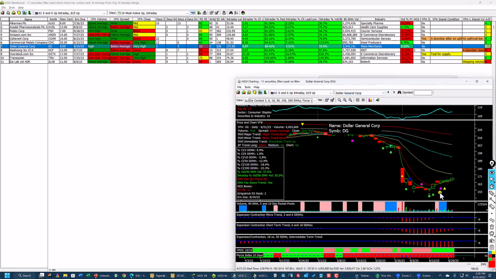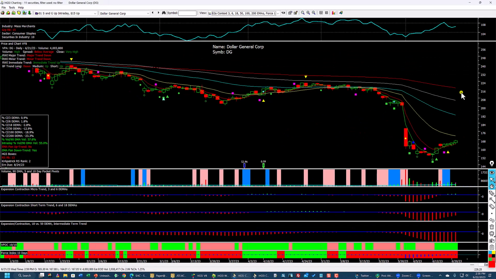Okay, so anyway, this stock has been bottom fished. Here's a stopping volume with a close near the high. This is a strength, an up bar closing near the high. And you can see there was a test and a confirmation of that test.